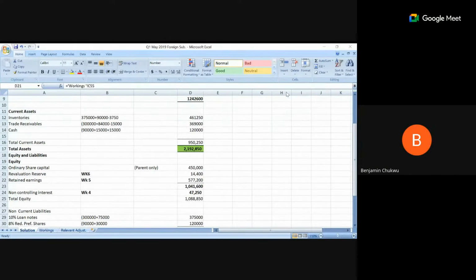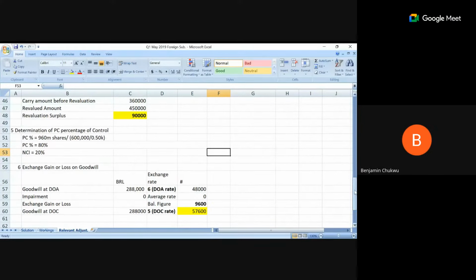Everybody, let's take note. The second question is, if for example now we are using the fair value method, how will the impact be on the NCI computation? Suppose the NCI is 20%, the exchange gain is going to be shared between parent and subsidiary. How will it impact on the NCI computation?